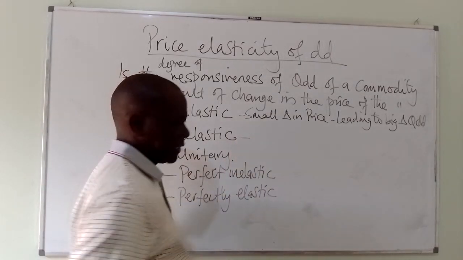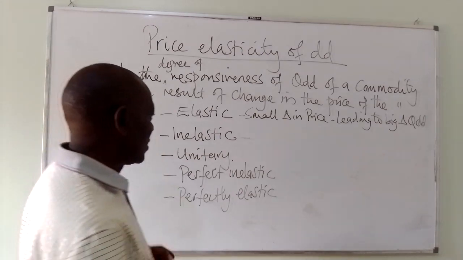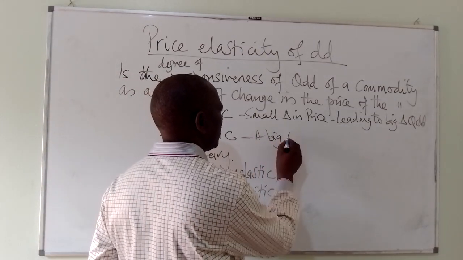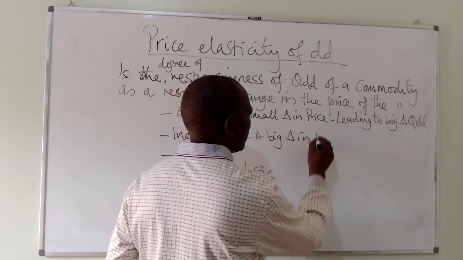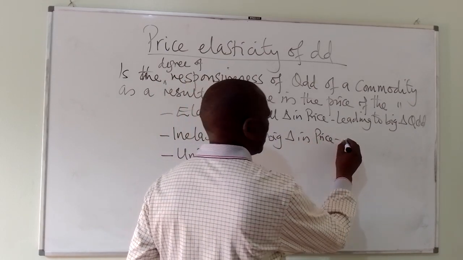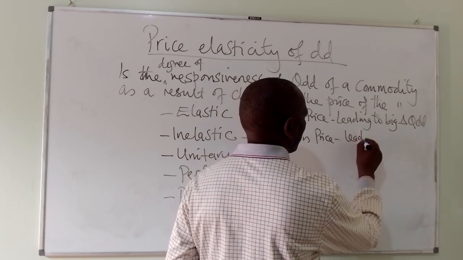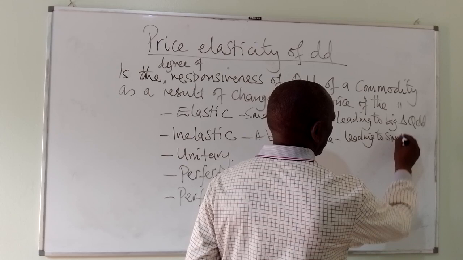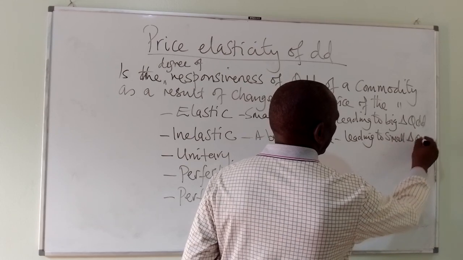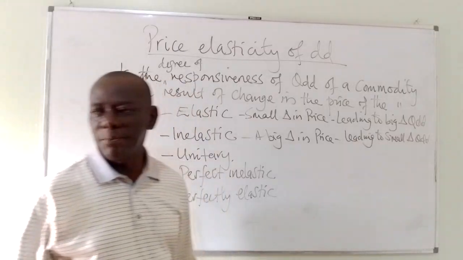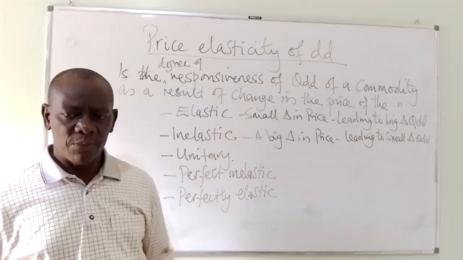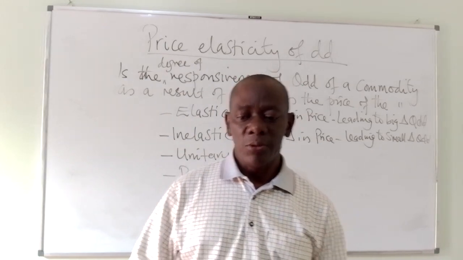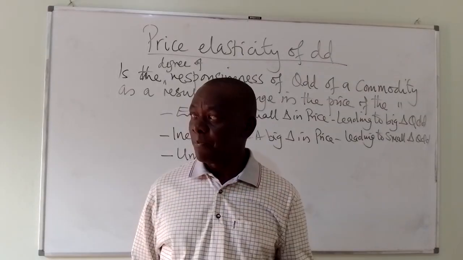If it is inelastic, it is the opposite. That a big change in the price leads to a small change in the quantity demanded. A big change in the price. You move your price from, say, 2,000 to 5,000.